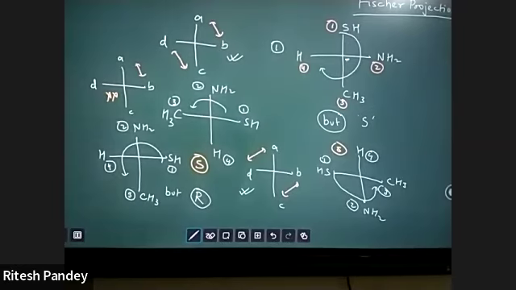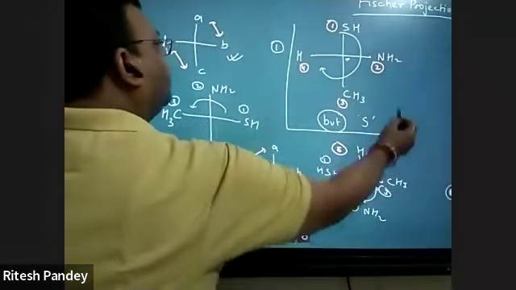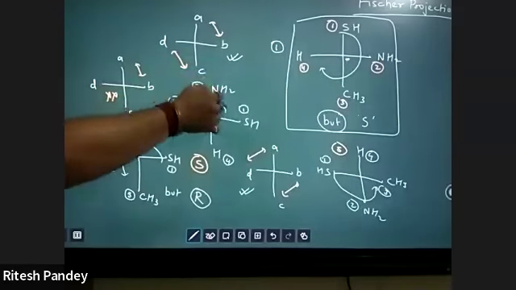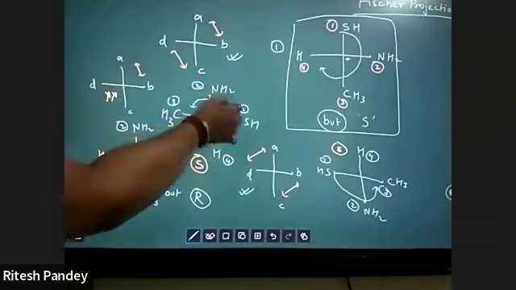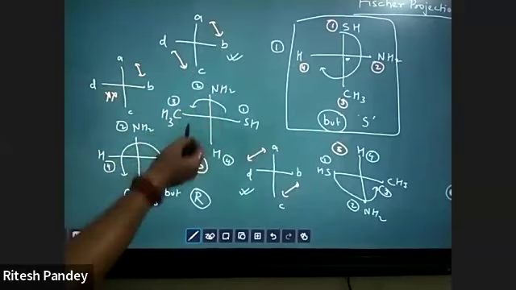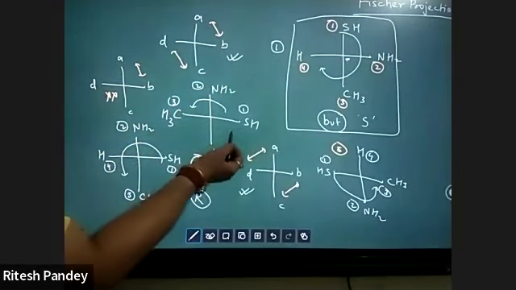So what I did is, in compound 1, I established its nomenclature as S. And the rules for playing around with Fischer projections: when I was exchanging positions laterally with an even number of changes, I kept getting the configuration S only.